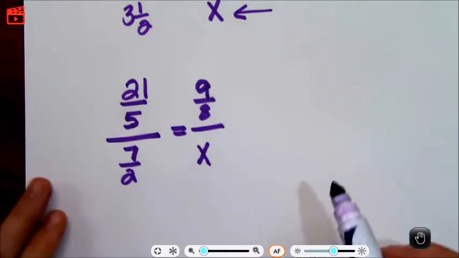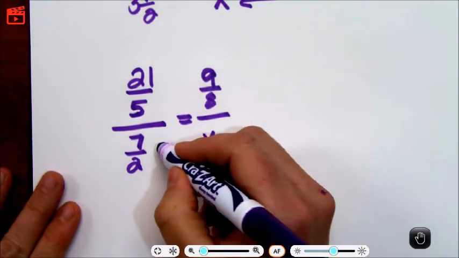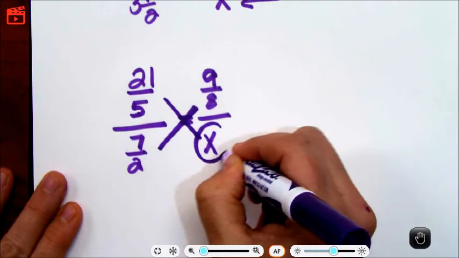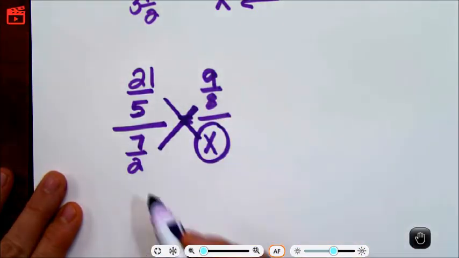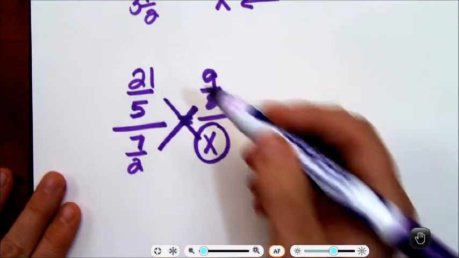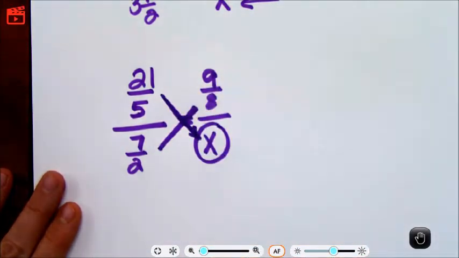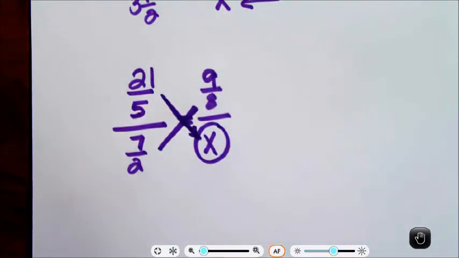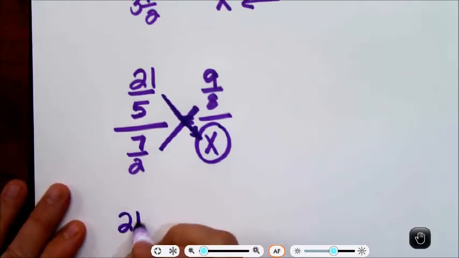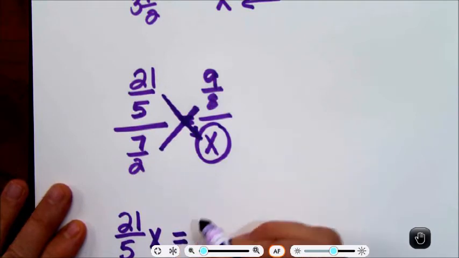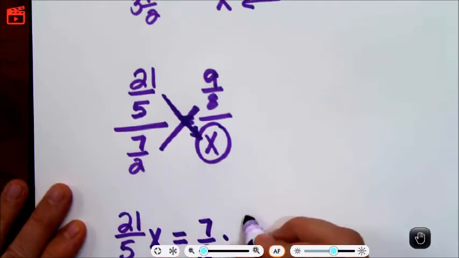But remember, when it's equal, that means that if we multiply across, we will be able to solve for x. So we're going to rewrite this problem. Basically, when I say cross multiplying in this case, I'm also asking you to just rewrite the problem. So I have 21/5 x is equal to 7/2 multiplied by 9/8.